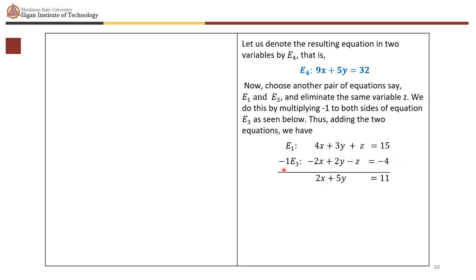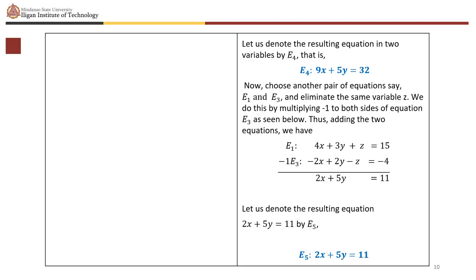Then multiplying -1 to e sub 3 will give us minus 2x plus 2y minus z is equal to -4. So 4x minus 2x will give us 2x, 3y plus 2y will give us 5y, z minus z will give us 0, 15 minus 4 is equal to 11.